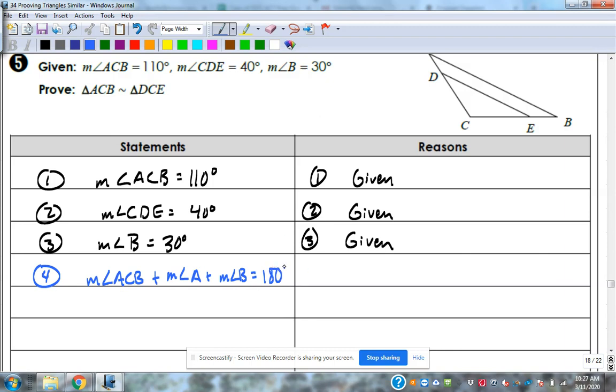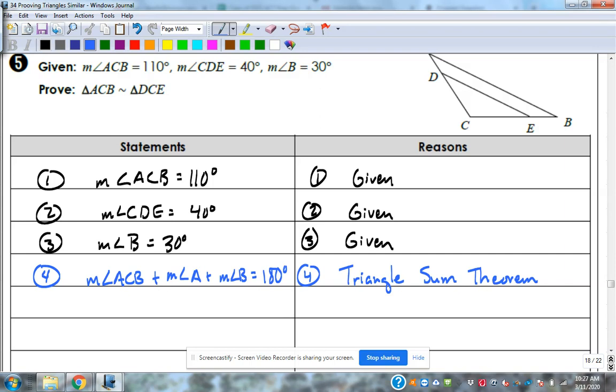We know that's 180 degrees, right? Triangle sum theorem. We learned that all angles in a triangle add up to be 180. Triangle sum.